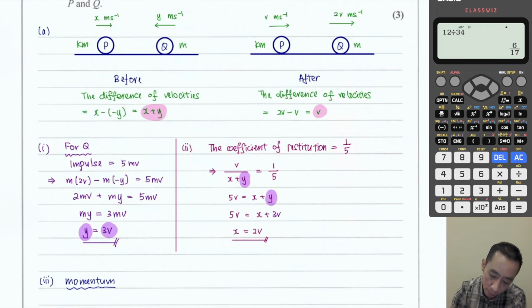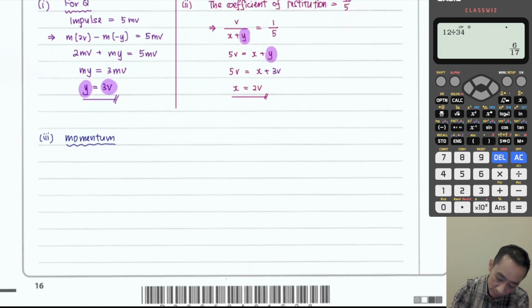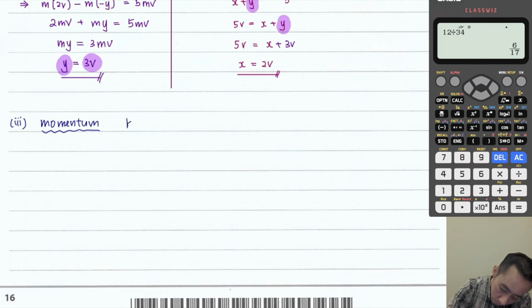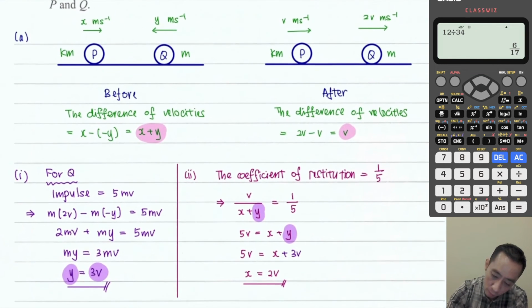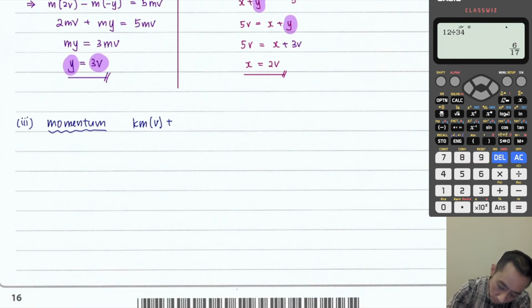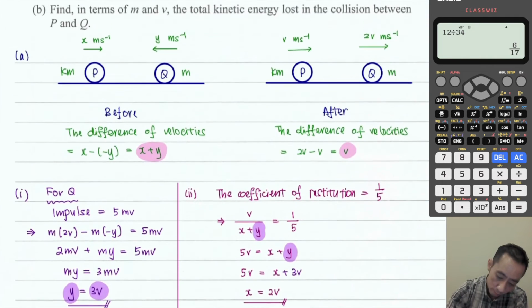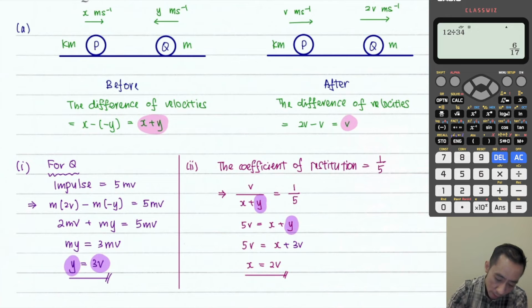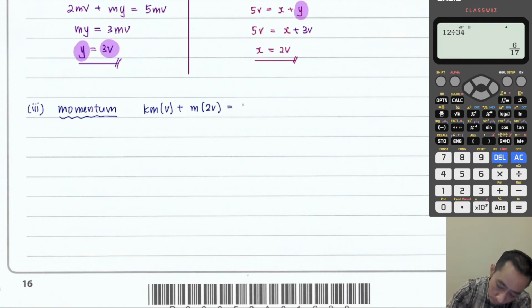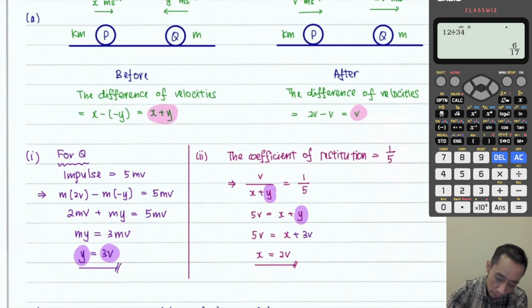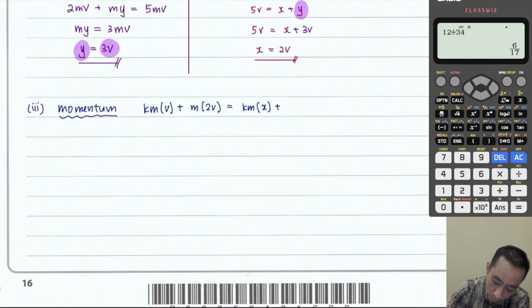For the after, it is km times v, and then plus for Q is m times 2v, equals, now before, for P is kmx, and then for Q is m times negative y.